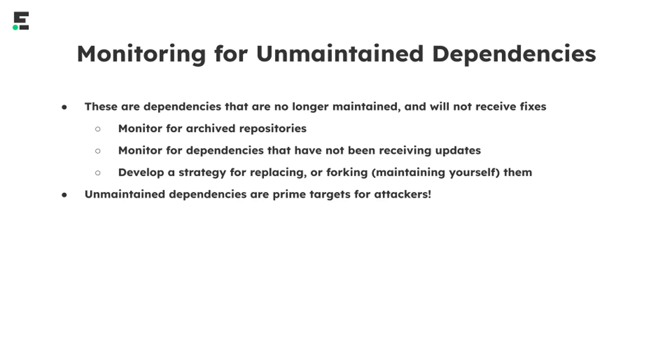So it's really important to stay on top of any dependencies in your software or your application that you're bringing in. It's important to understand what's going on with them and to have a really good strategy for transitioning to alternatives should it get deprecated, should it get abandoned, something like that. Because at that point, it really is like a sitting duck, right?